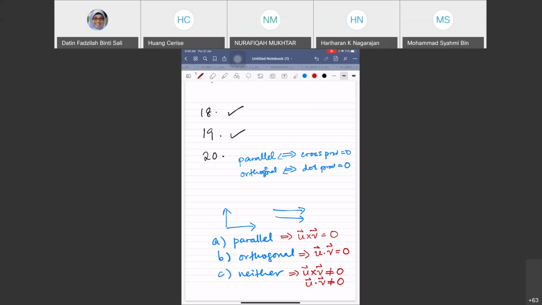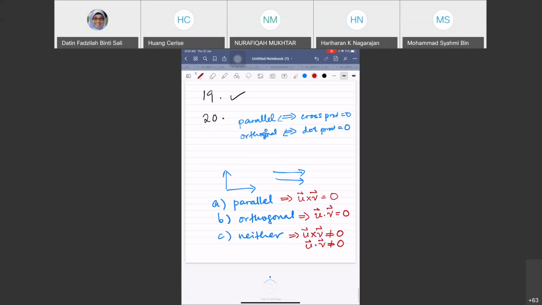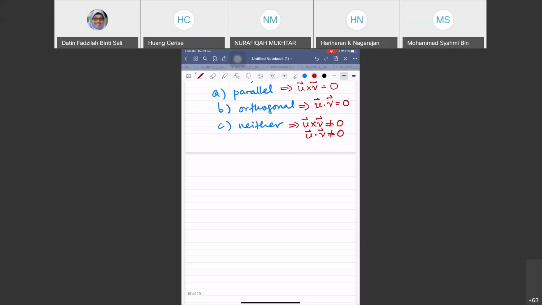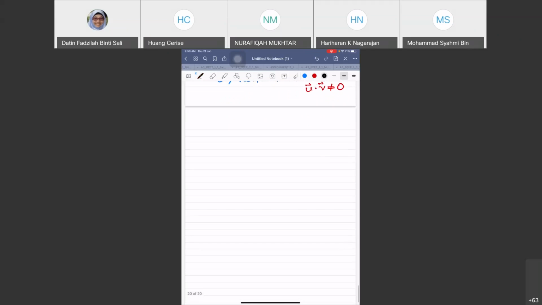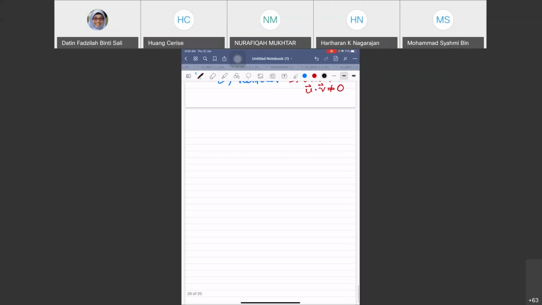Okay. So when it comes to angle, it will be about the dot product, isn't it? Okay, for that particular question, this is from review exercise 1, question 1C.